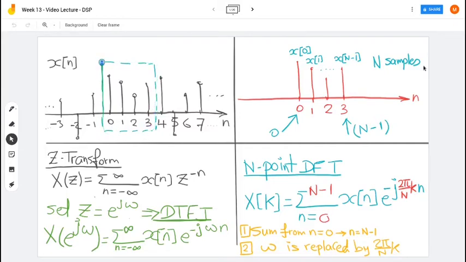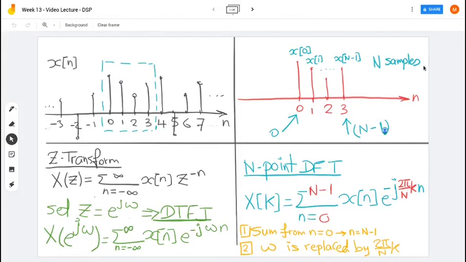So now we'll be dealing with samples from 0 up to 3, and in the next frame we'll be dealing with 4 up to 7, and so on. We will divide x of n into frames, if you wish. And each frame will have a length of N samples, starting at 0 and ending at N minus 1.